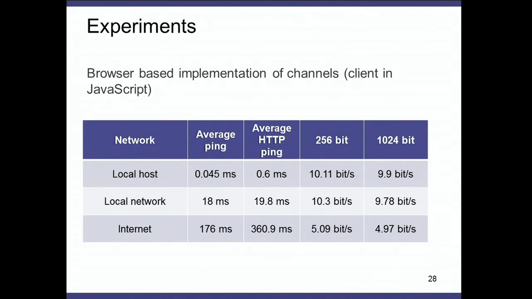That's the data we've got. The speed is delightful, especially with the delay between this BeEF server and the infected browser. Results comparable to server-client DNS, similar, 5 bits per second on the internet, ten bits per second on the local network.